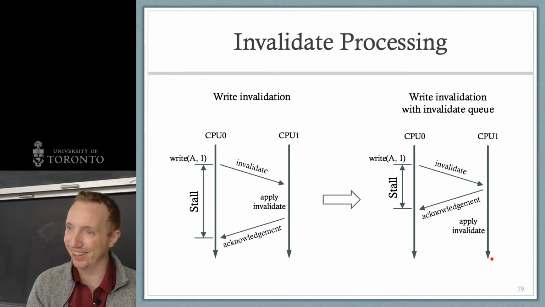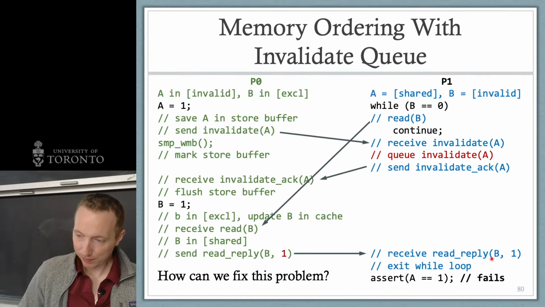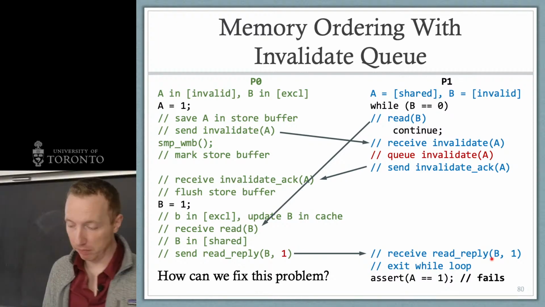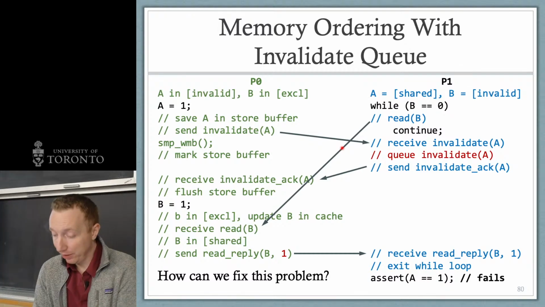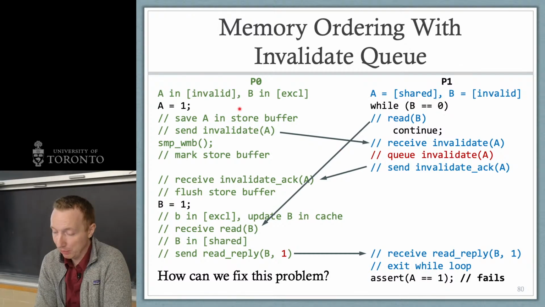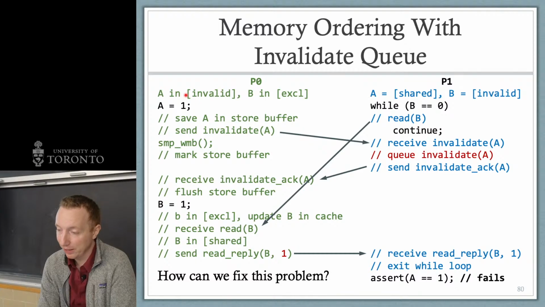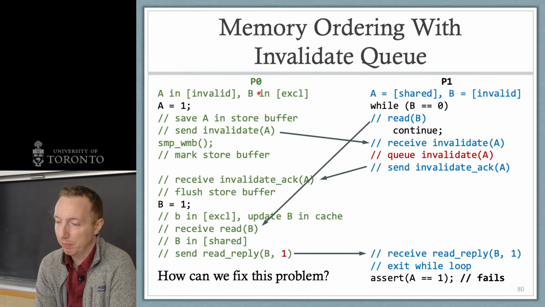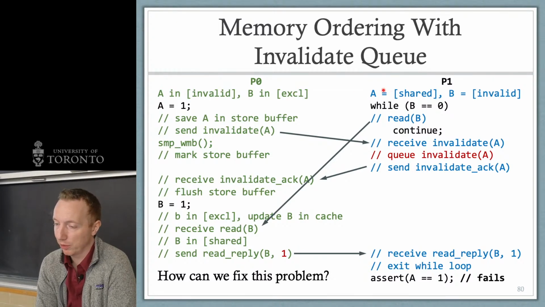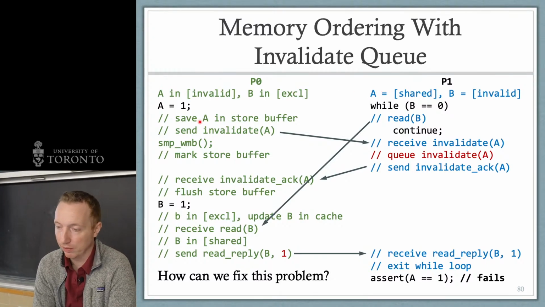So now if we wanted to actually argue about what happens now, that assert can now be wrong again. So again, same situation. A is invalid, B is exclusive, and on the other core, A is shared and B is invalid.